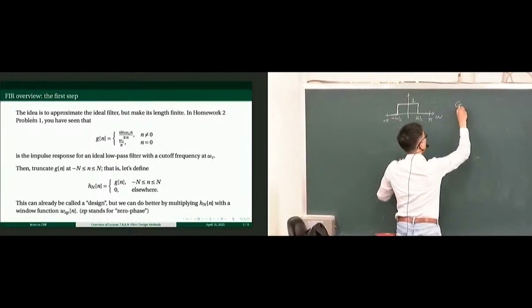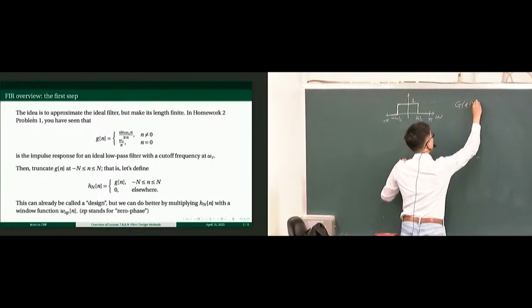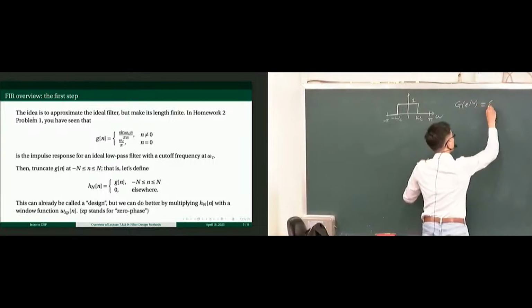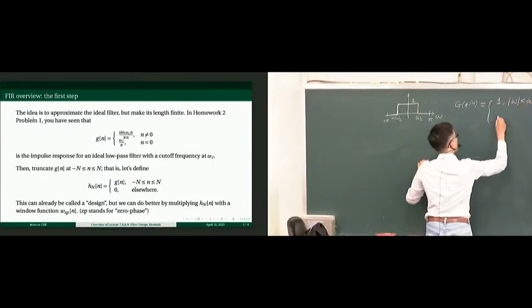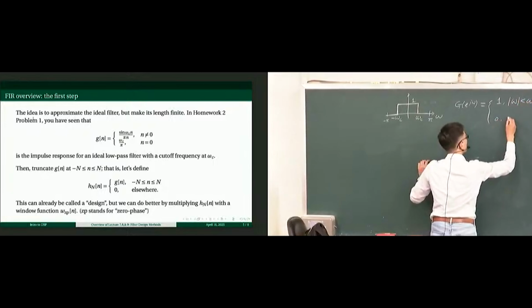If we have a G(e^jω) that's defined as being 1 when ω is smaller than ω cutoff, and 0 elsewhere, let me just play safe: ω cutoff smaller than ω smaller than pi.